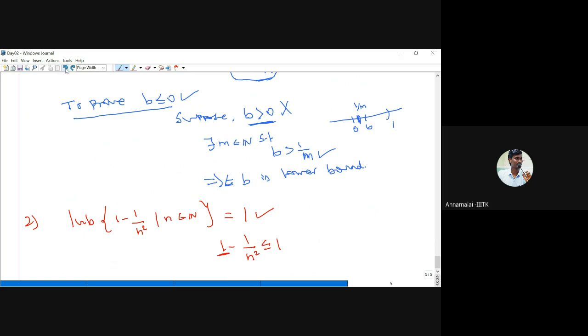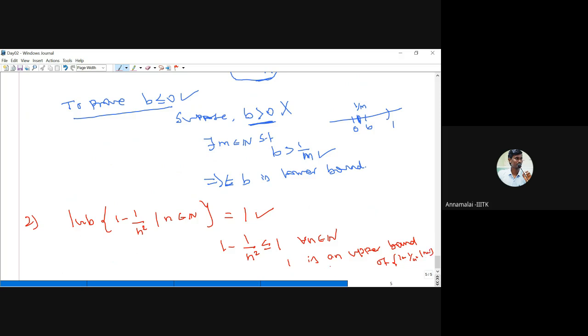This is true for any n in N. So from this, we conclude that 1 is an upper bound of the set 1 minus 1 by n square such that n in N.